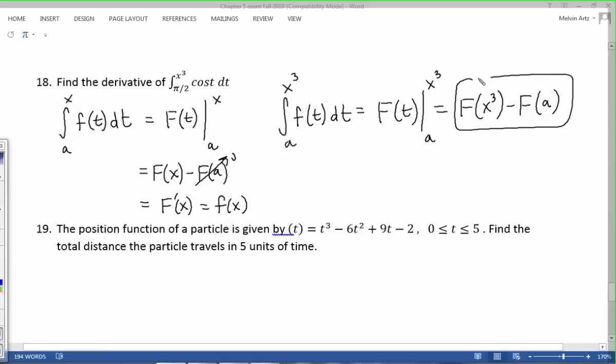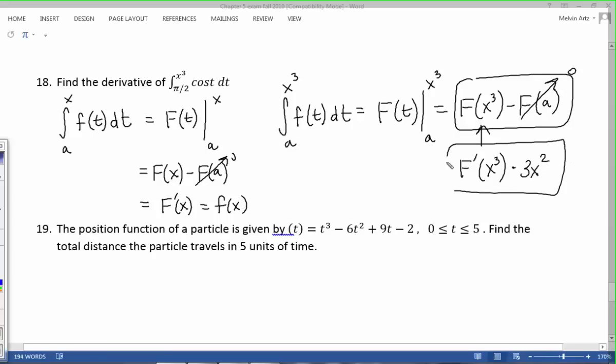So if we find the derivative of this, the derivative of the first term would be f prime of x cubed times the derivative of the inside function, since it's a composite function. And this still goes to 0. So think about this rule because we have an x cubed. So let's see how that would work for this problem.